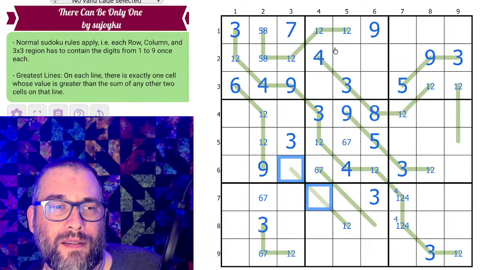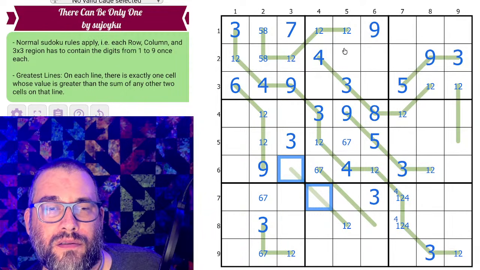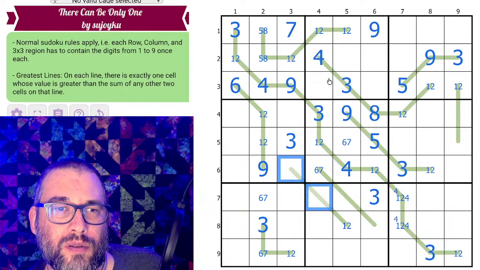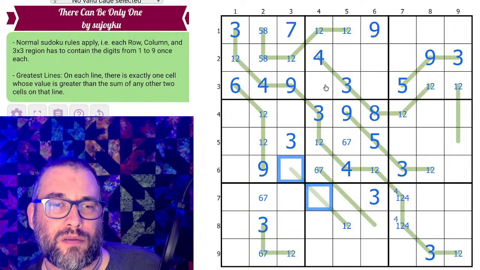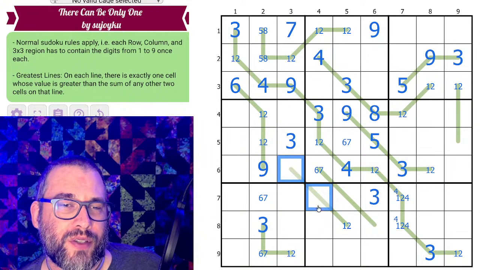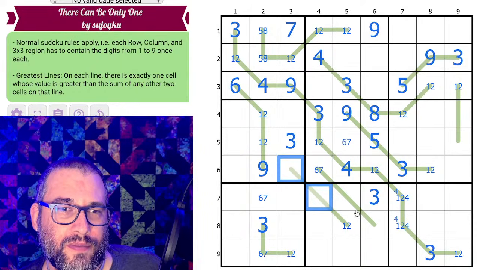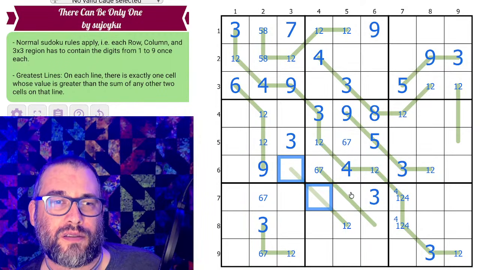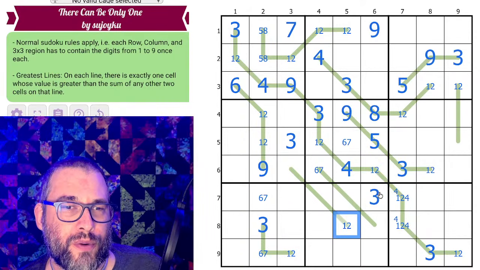Just by Sudoku divide, these digits are both at least 5. So this would have to be a 1, 2, or 3, but 3's gone.